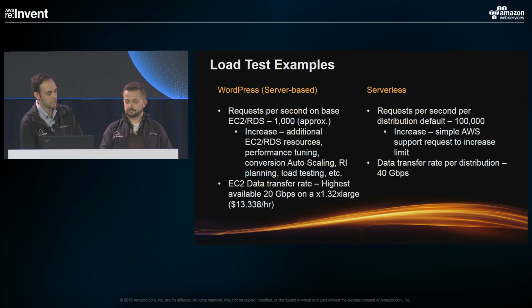And if you need to increase that limit, it's a simple request to AWS support. And the hard limit of data transfer is 40 gigabytes per distribution. So when you think of the sheer mass of scalability on the serverless side, it's really off the charts.